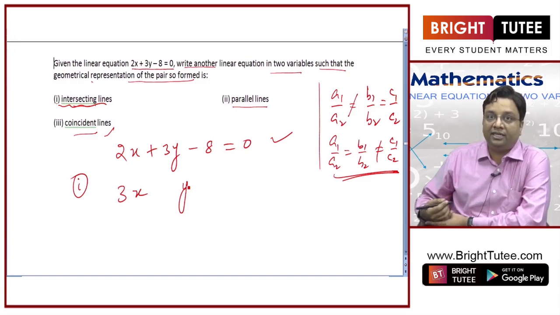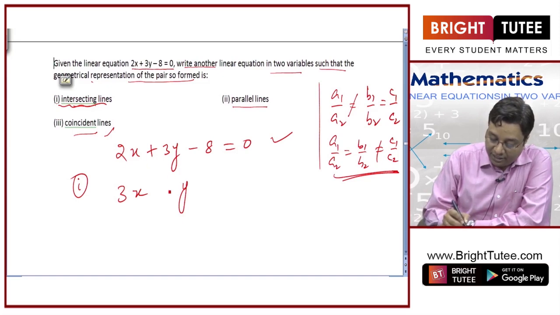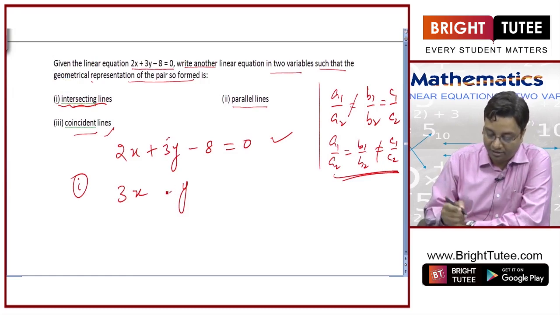What is the coefficient that I cannot take? I cannot take a coefficient which will make this ratio 2 by 3, right? Otherwise, I am free to take any other coefficient.